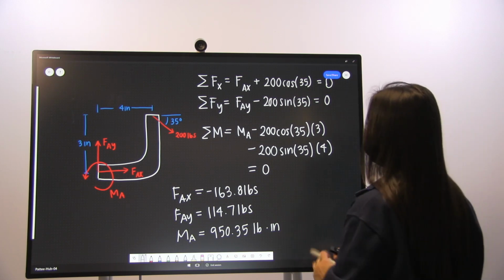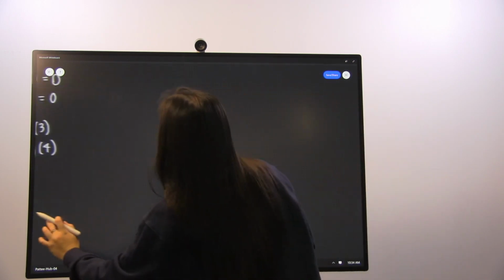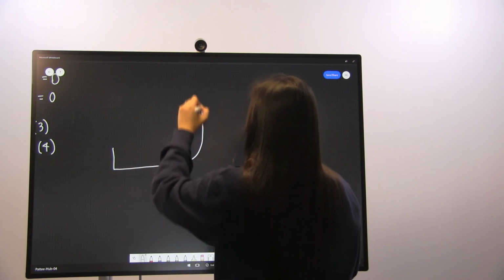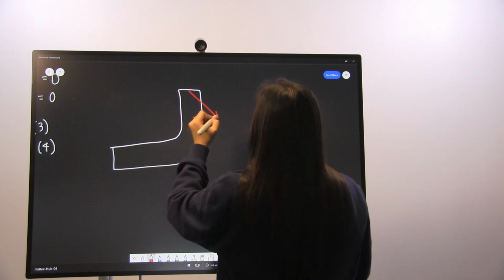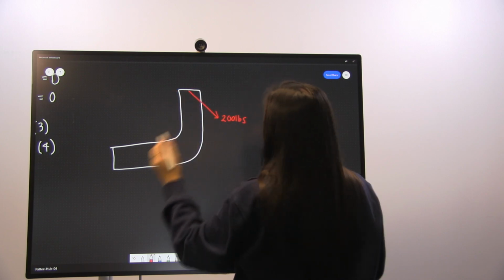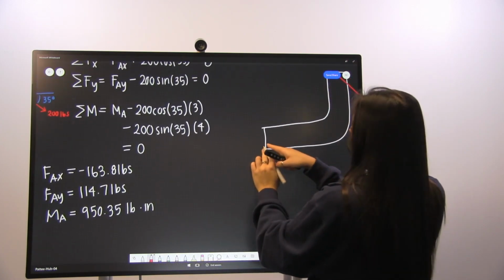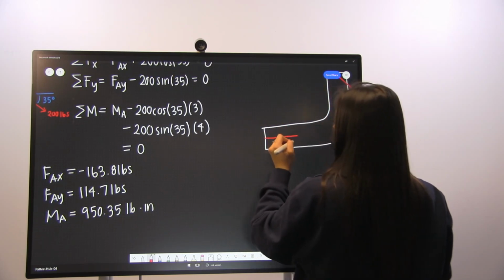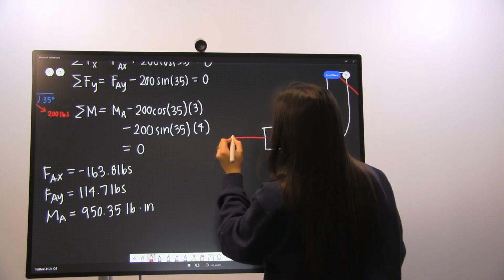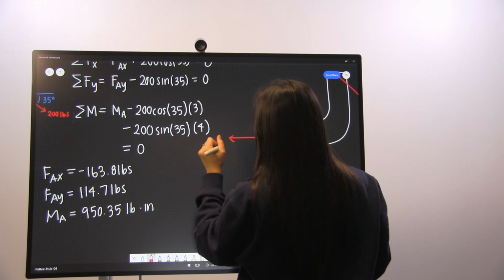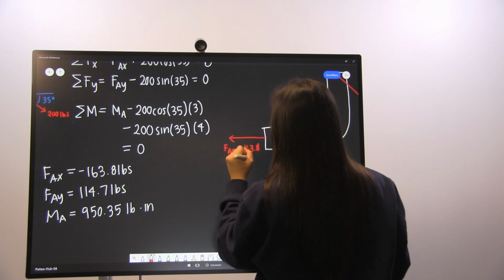So now our final step is to draw our solution diagram. So here we have our arm, and we have our given 200 pounds, and then pulling from what we had solved for here at point A, we have our FAX, and since that is in the negative direction, it's going to point to the left, which is FAX equals 163.8 pounds.